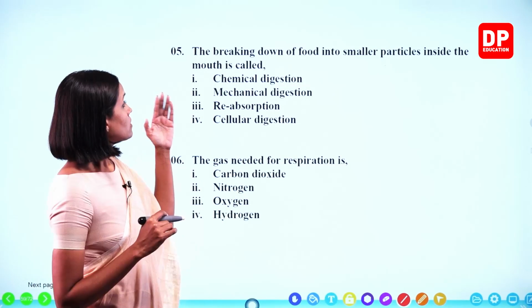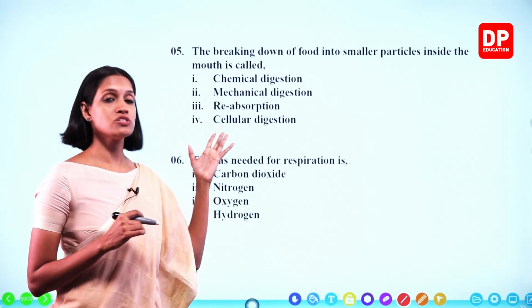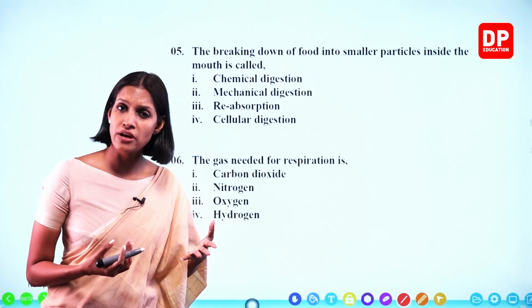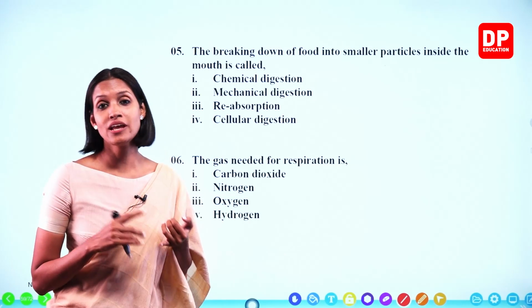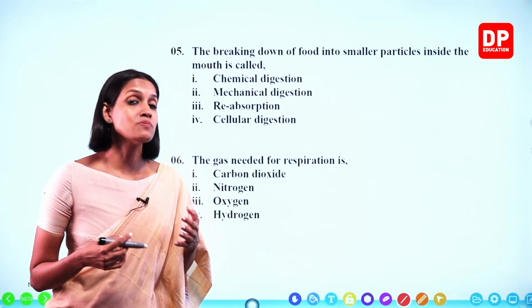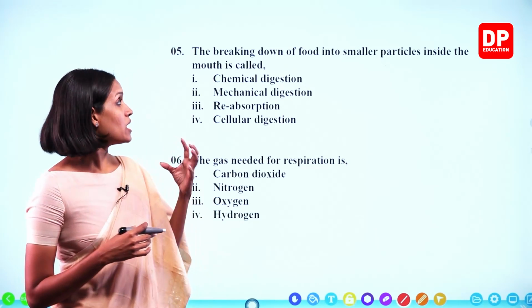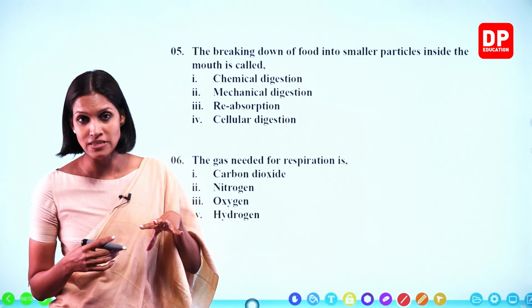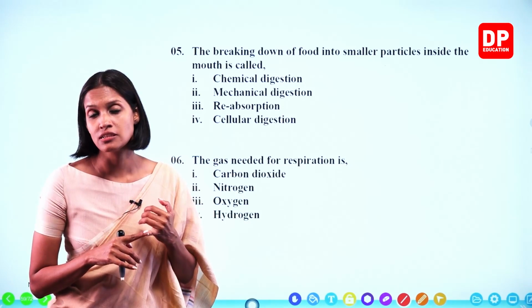Number 5. The breaking down of food into smaller particles inside the mouth is called. So what is this, children? The digestion, but what type of digestion? There are two main types of digestion, mechanical digestion and chemical digestion. What is the meaning of mechanical digestion? Mechanical digestion means the breaking down of large food particles into smaller pieces. That is done by the mouth cavity, by the teeth, right?